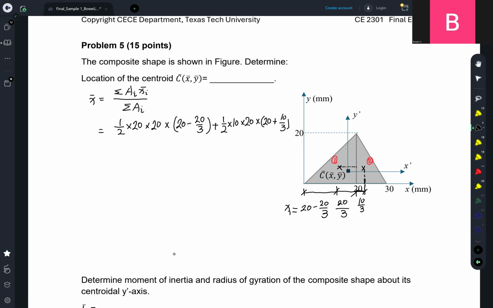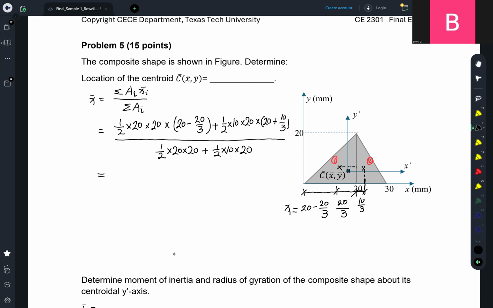Okay. And then this is the numerator. We divide it by the total area, right? So it is the area of the first part plus the area of the second part. Okay. So now you can go ahead to evaluate that.